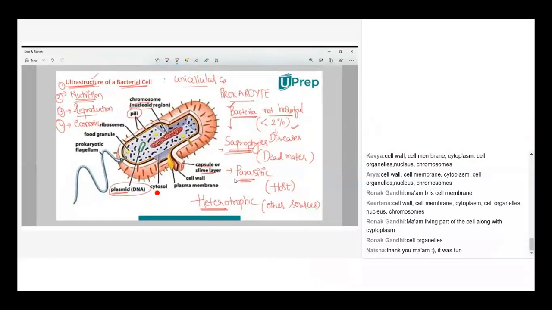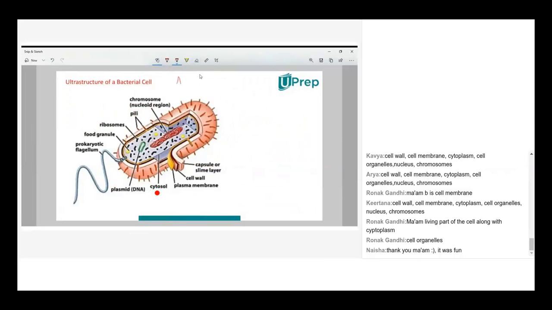And the next concept is reproduction. When you take the reproductive process of bacteria, they usually go for an asexual mode of reproduction. The majority of bacteria go for asexual reproduction. The term for this asexual mode of reproduction is binary fission.